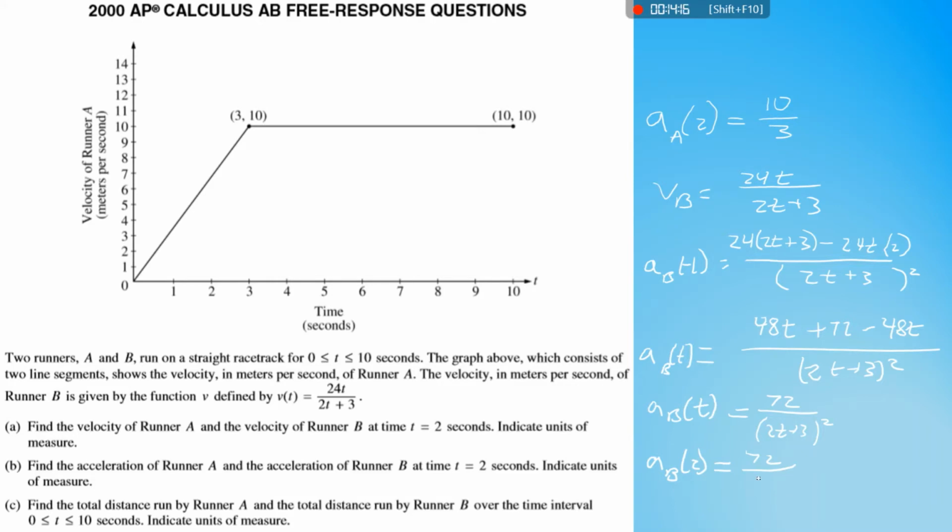So 49. 49, okay. And what are our units? Meters per second squared. Meters per second squared, perfect.